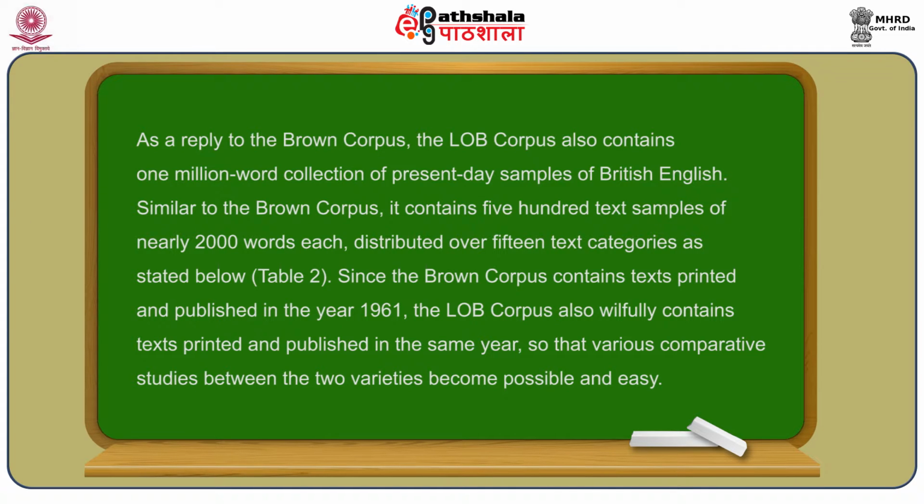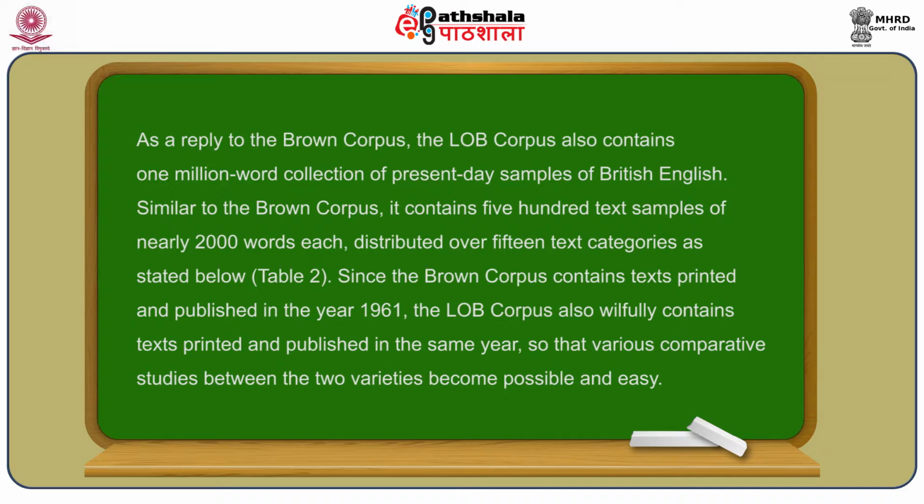So this was made as a reply to the Brown corpus. It also contains a 1 million word collection of present day samples of British English, not that of American English. So it wanted to be exactly a good replica of the Brown corpus.